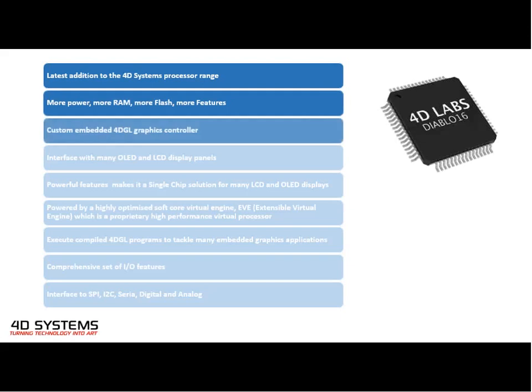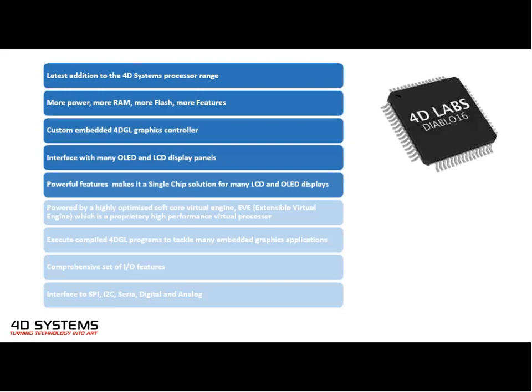This is a custom embedded 4D graphics controller, and it can interface with many OLED and LCD display panels. It has powerful features, making it a simple solution for many LCD and OLED displays. It's powered by a highly optimized virtual engine, which we call Leap.